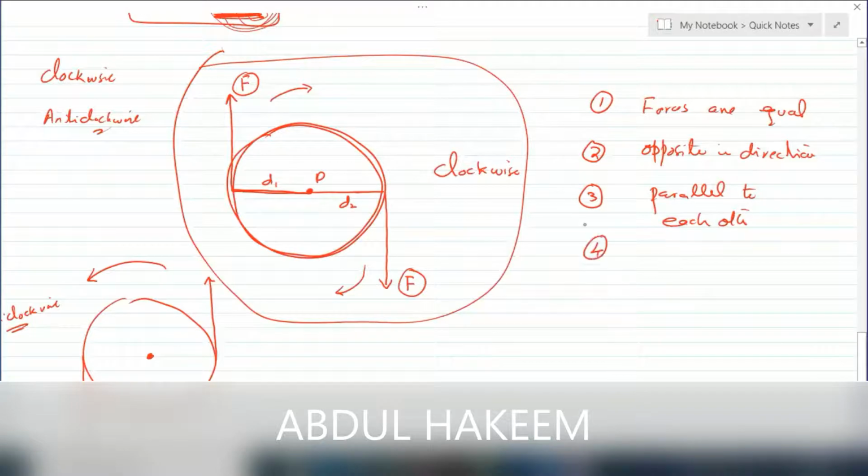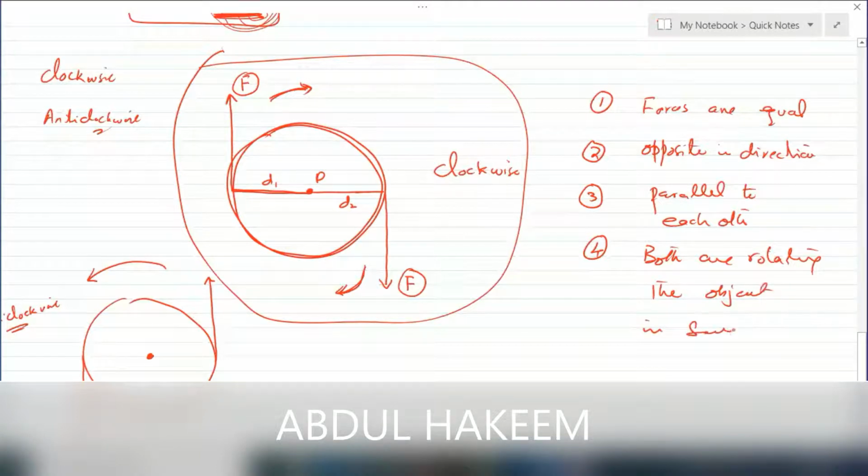And number four, both forces are rotating in the same direction, clockwise. So both are rotating the object in the same direction. So look, these are the four properties between these two forces.